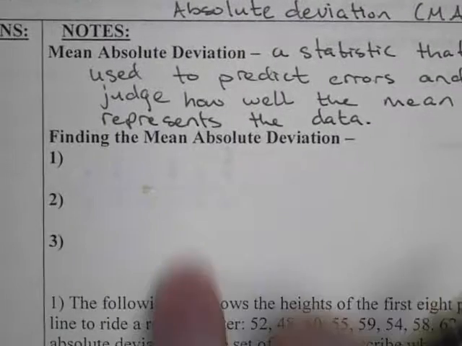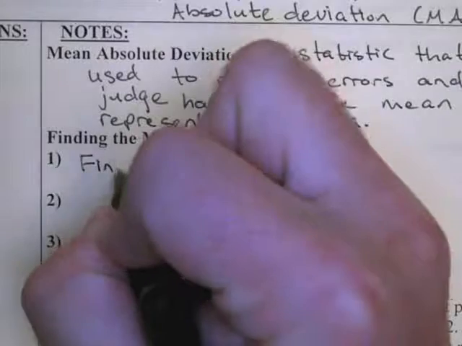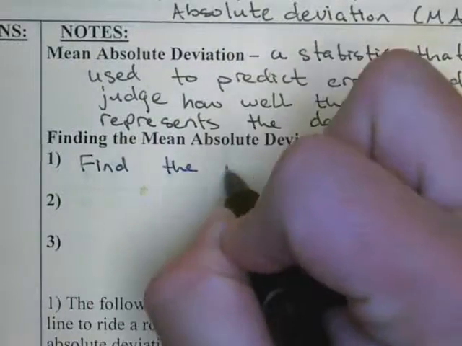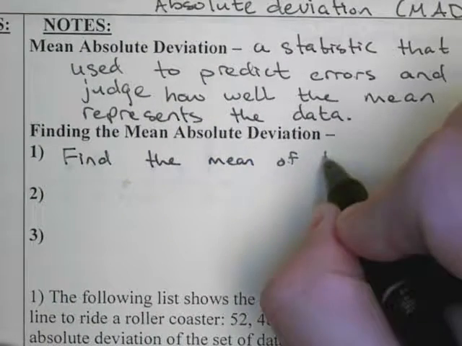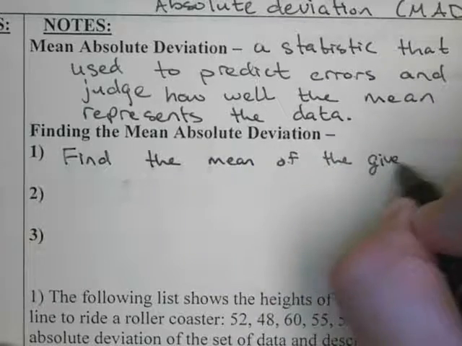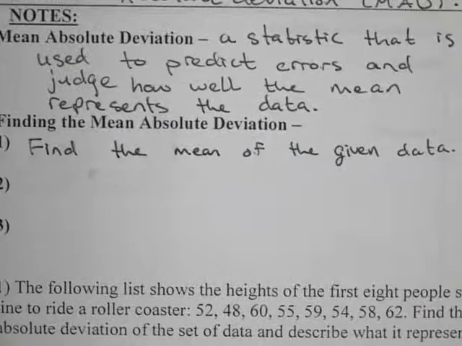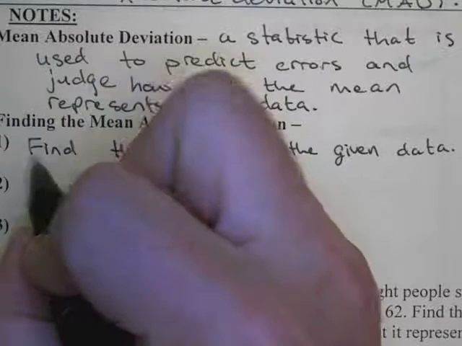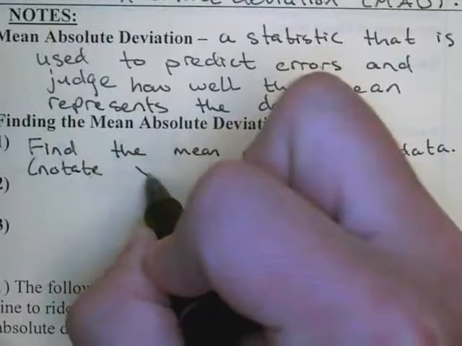And the first thing we're going to do is find the mean of the given data, and we'll notate this with X bar.